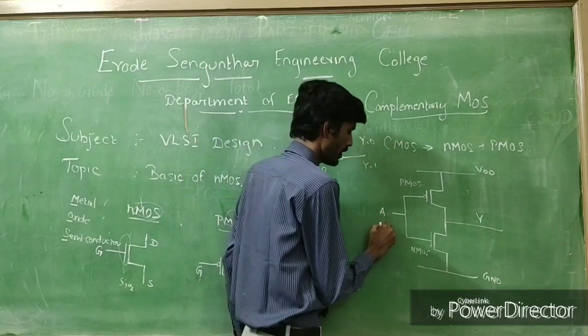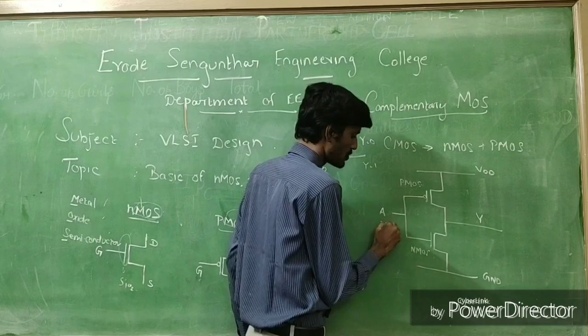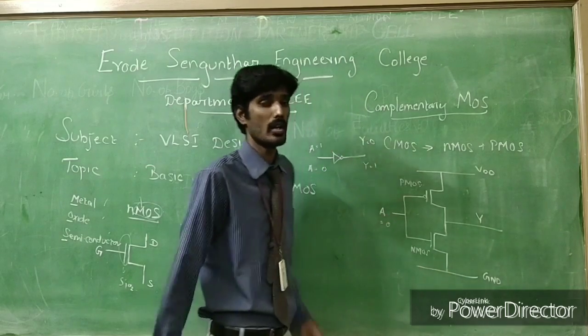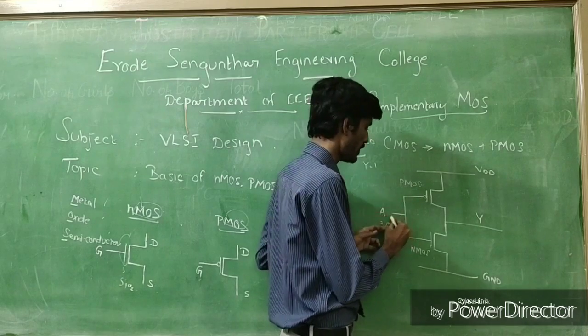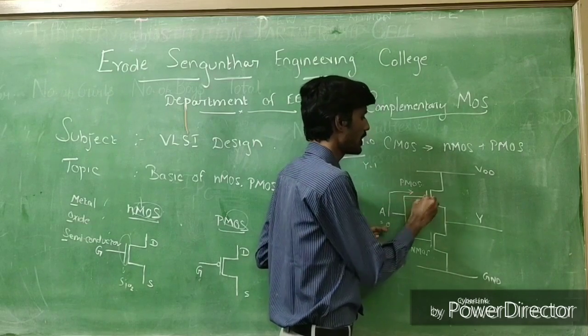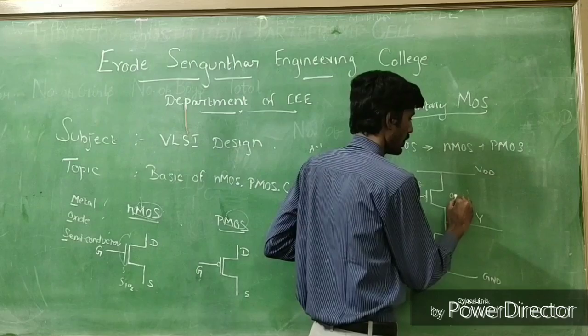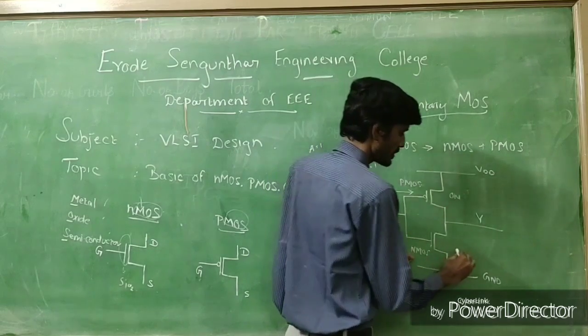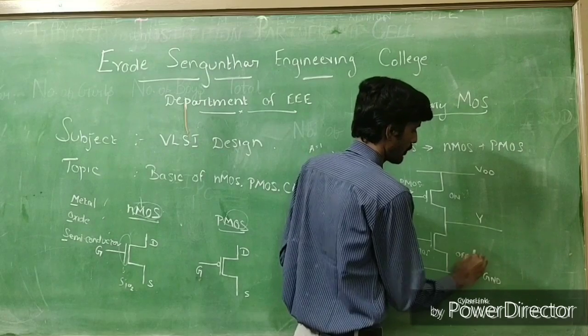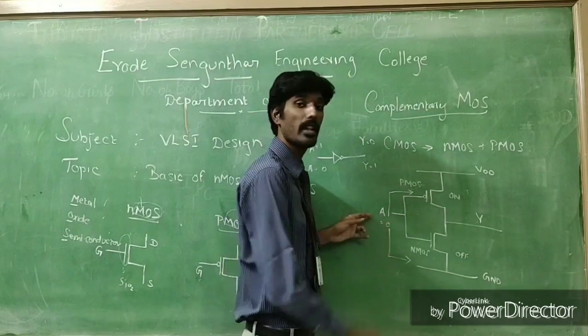Consider that we are giving A equal to 0. We already discussed that the PMOS has the electrical property that if the 0 is moving here, the PMOS response is on. Similarly, the same 0 is moving into the NMOS, and the NMOS response is off. Correct? So what will happen?